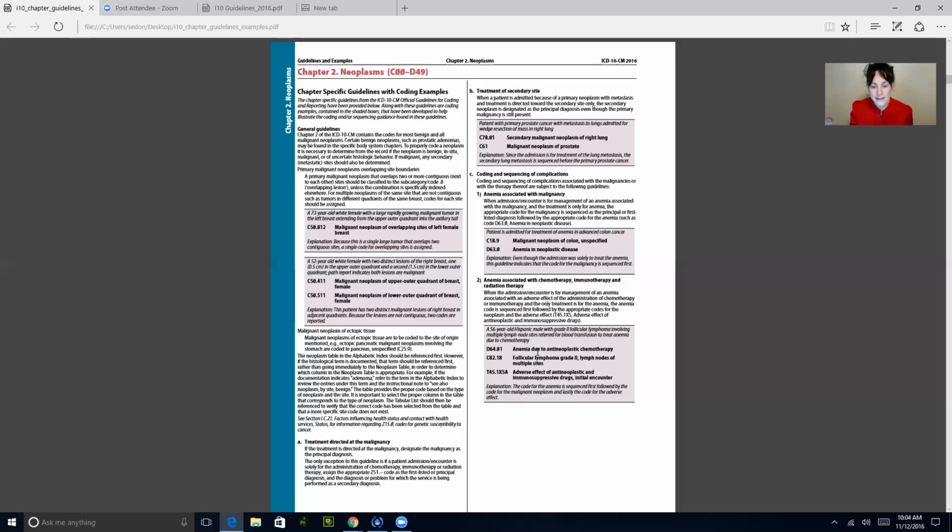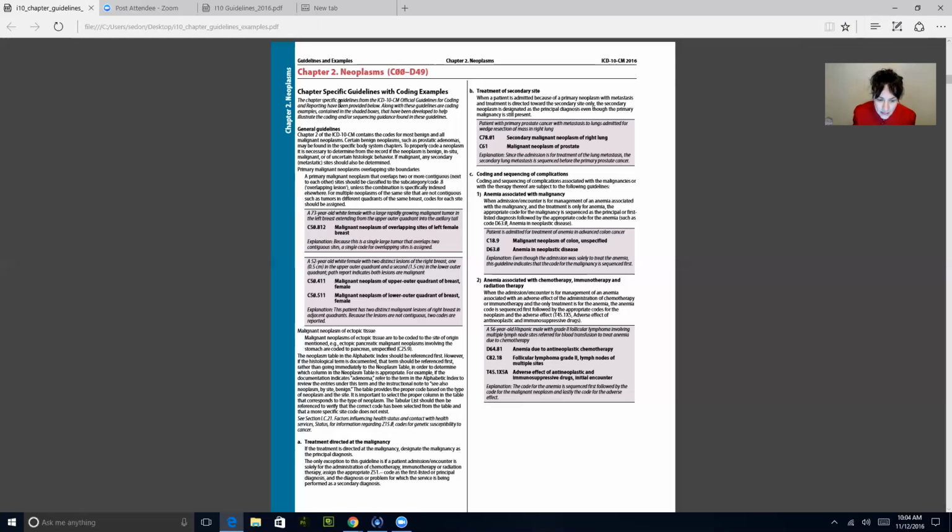Certain benign neoplasms, such as prostatic adenomas, are found in the specific body system chapter. So a little bit different. Hang on, let me just see if I can change this view. Anyway, sorry about that.